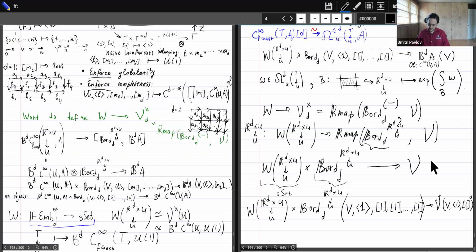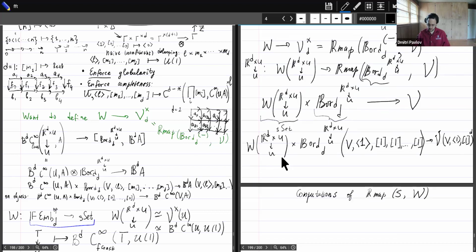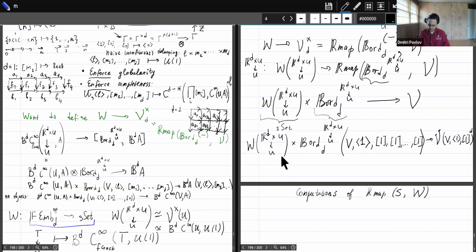Okay, now let's unfold all these constructions. So W evaluated on this object will be a U gamma of a truncated Gaussian complex.